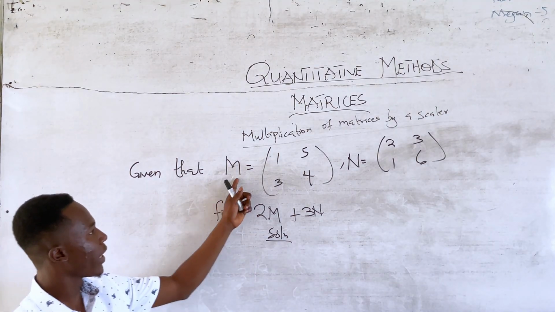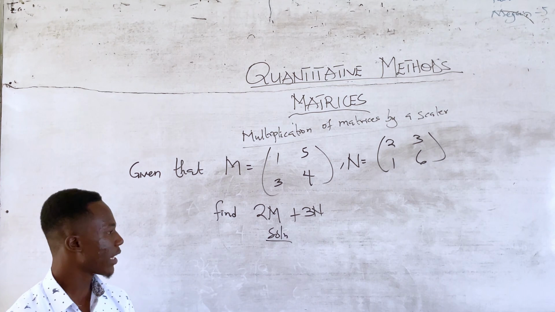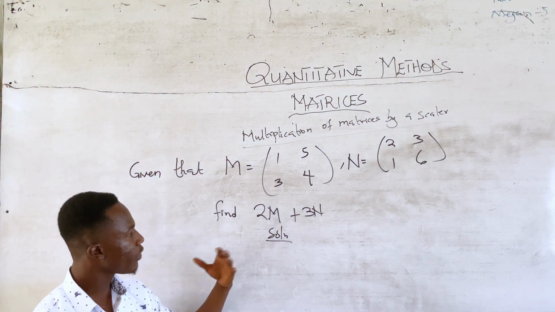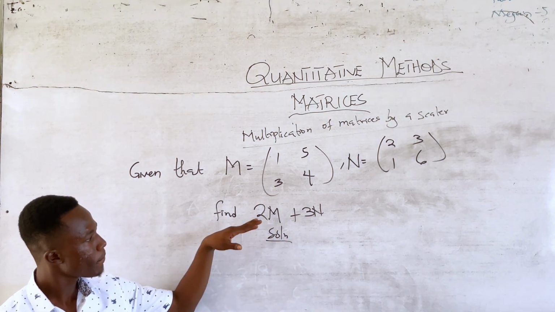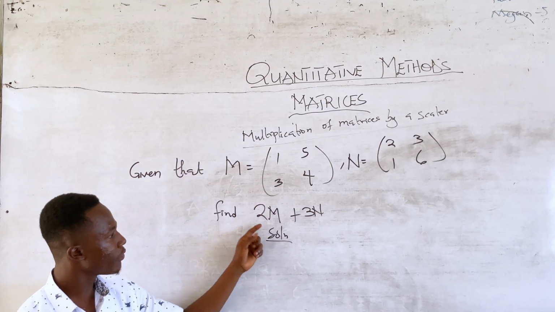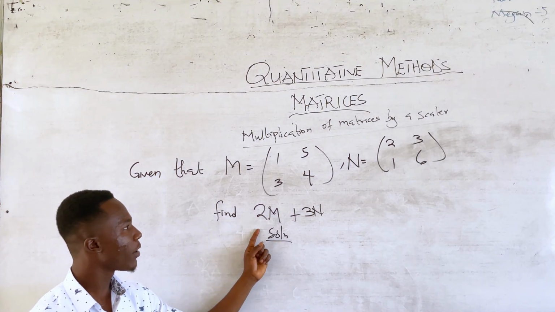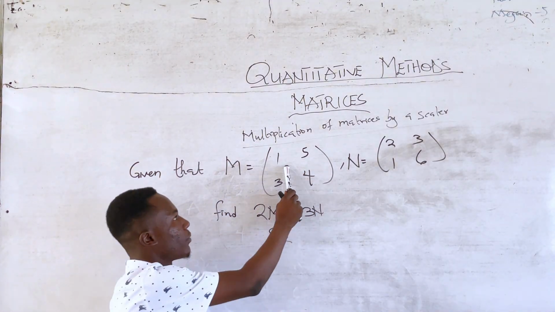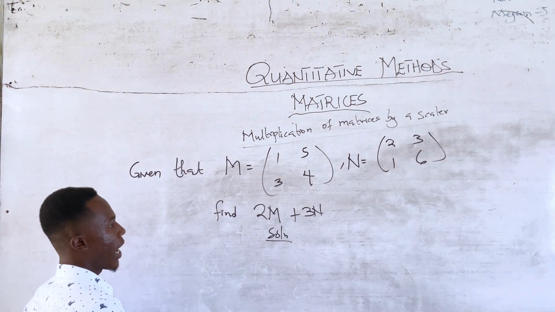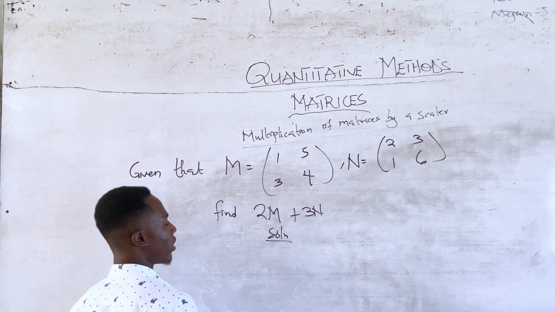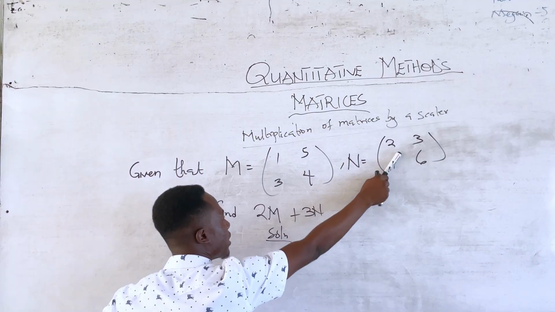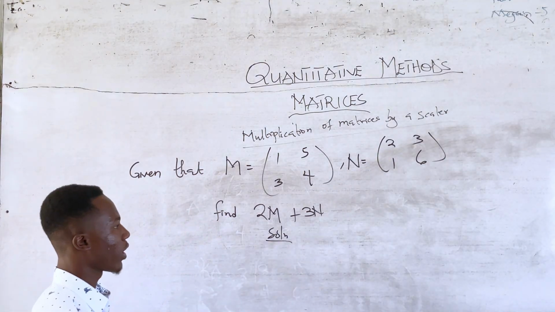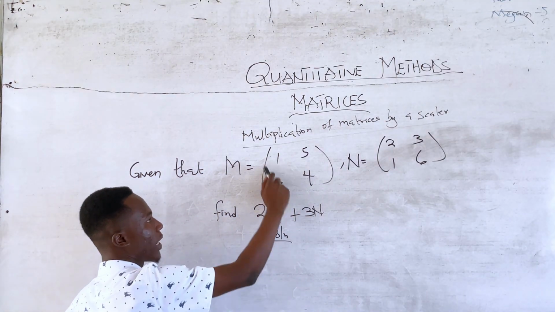So this is the solution. You see, this is our M, and this is N. They have provided us with the scalar: we have 2 as the scalar multiplying this matrix M, and we also have 3 multiplying this matrix N. So what we are going to do is use 2 to multiply this.